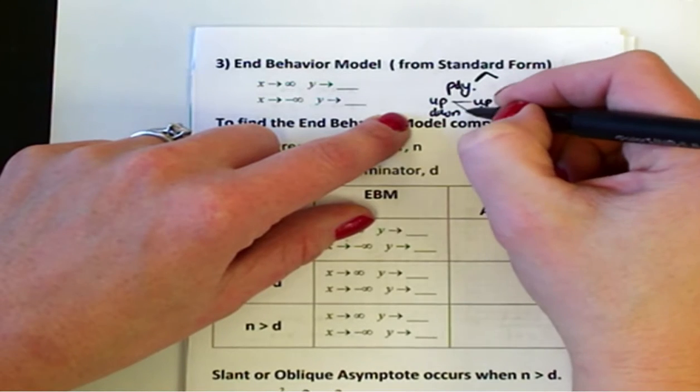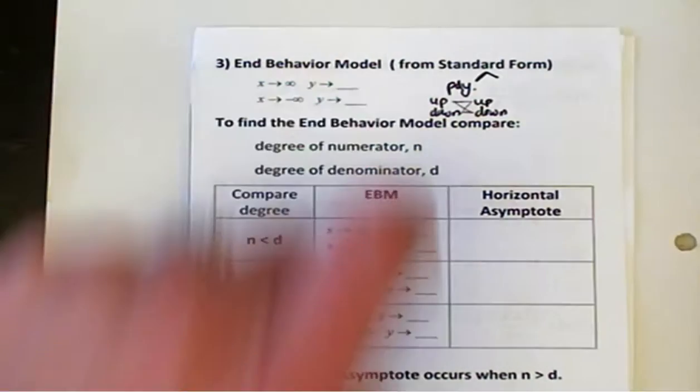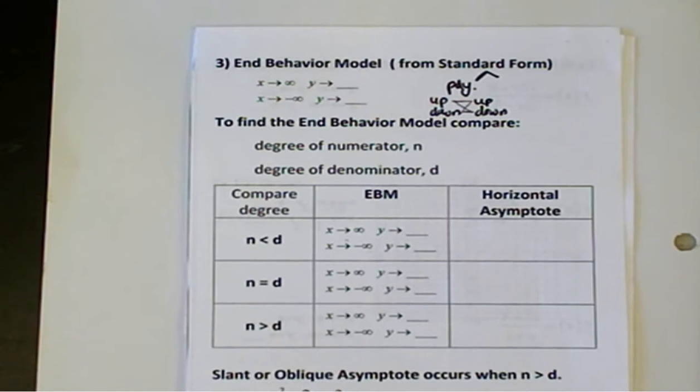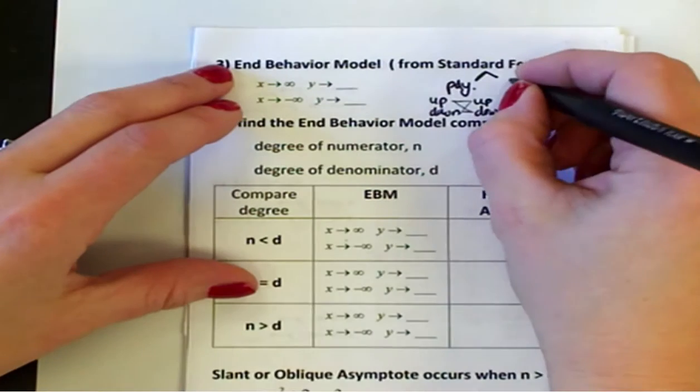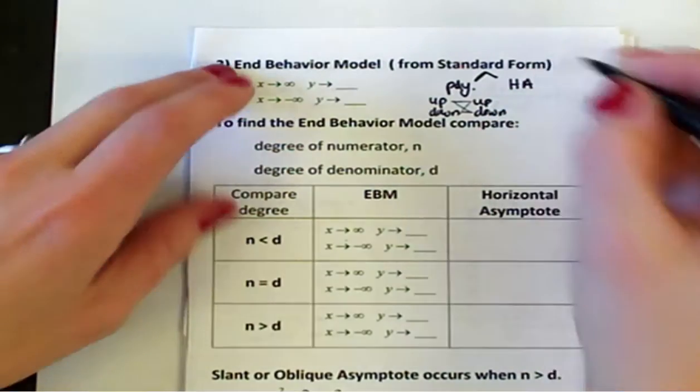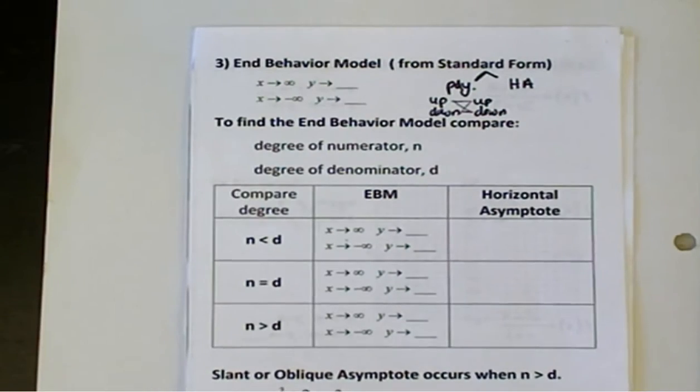You can pair it any way you want. Polynomial end behavior. Those are your arrows. Up, down, up, down, up. That's polynomials, remember? The other category is you get horizontal asymptotes. So basically I'm taking these arrows and I'm adding sideways arrows instead.